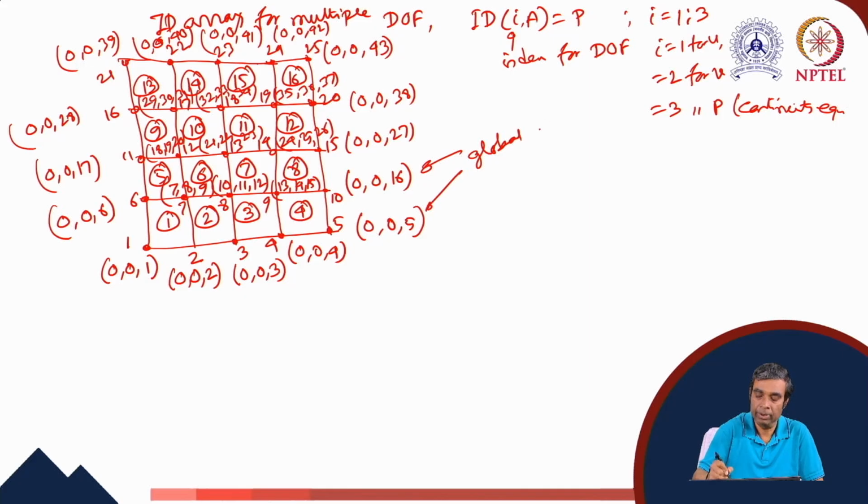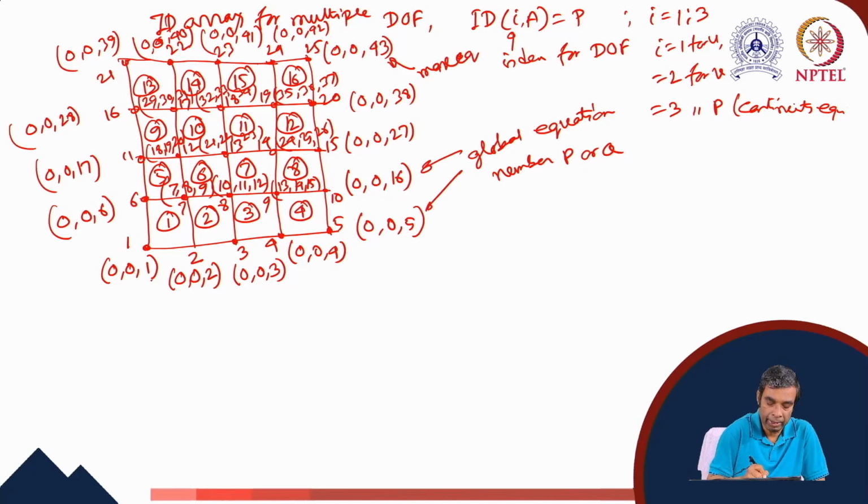So here these are global equation numbers. The maximum number of equations is 43, and 1 is the first equation. So this is the continuity equation. This is X momentum.